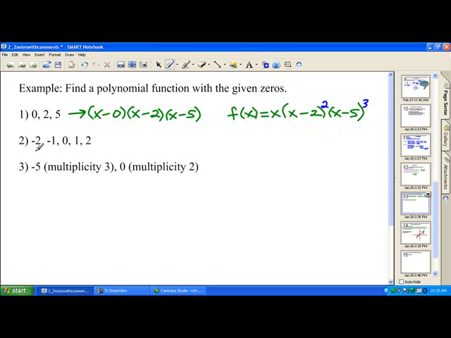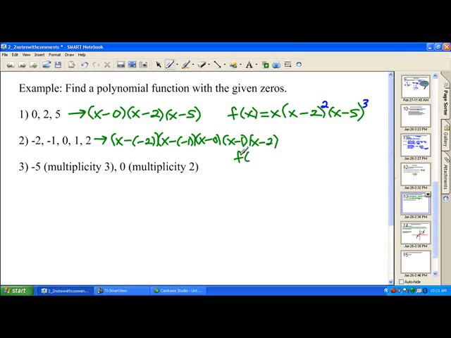Now the next one is to find a polynomial function with these zeros. So with these zeros, that's going to tell us that x minus negative 2, x minus negative 1, x minus 0, x minus 1, and x minus 2 all have to be factors.